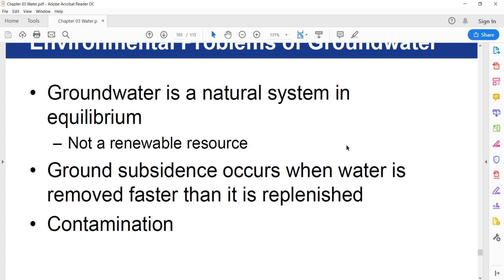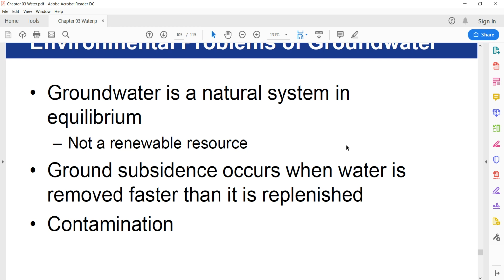Once you draw the water out, it is not considered renewable, even though we saw how the rainfall recharges the aquifer system, because the time it takes to refill the aquifer system runs into thousands or millions of years. Every aquifer that we have distributed all over the world has taken thousands and thousands of years to become saturated with water.